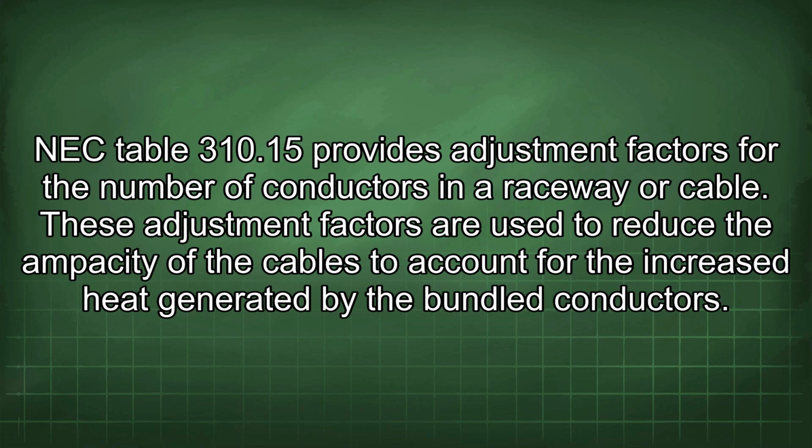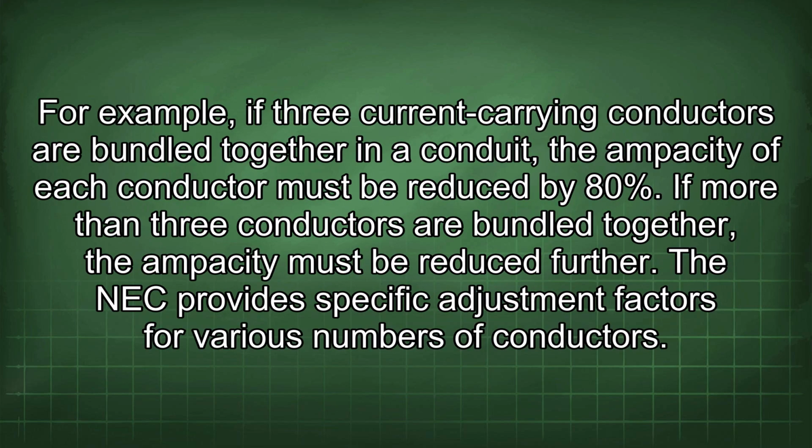These adjustment factors are used to reduce the ampacity of the cables to account for the increased heat generated by the bundled conductors. For example, if 3 current-carrying conductors are bundled together in a conduit, the ampacity of each conductor must be reduced by 80%. If more than 3 conductors are bundled together, the ampacity must be reduced further. The NEC provides specific adjustment factors for various numbers of conductors.